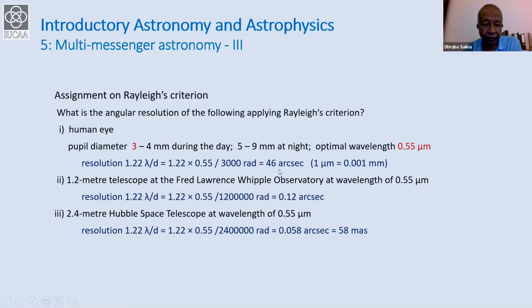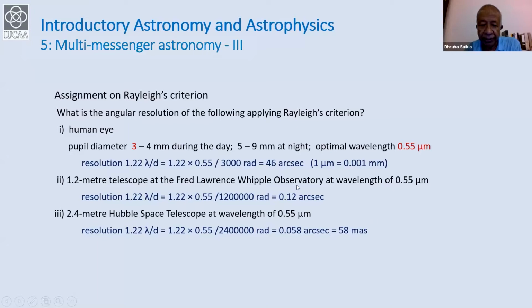So in the ballpark of about a minute. When you take the 1.2 meter, it's about 0.12 arcseconds. And for the Hubble Space Telescope, it is about 58 or 60 milliarcseconds at this particular wavelength. At shorter wavelengths, it'll be even finer than that.